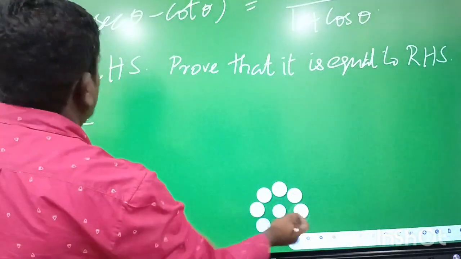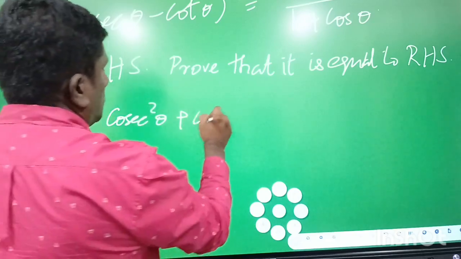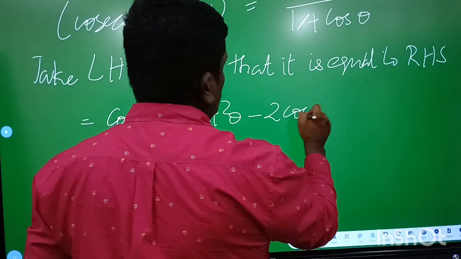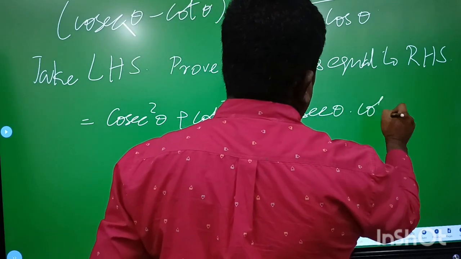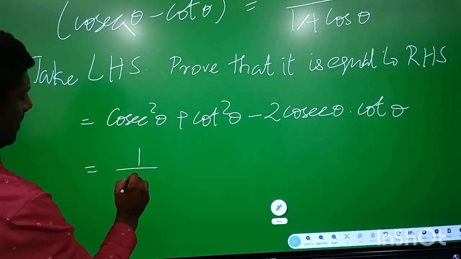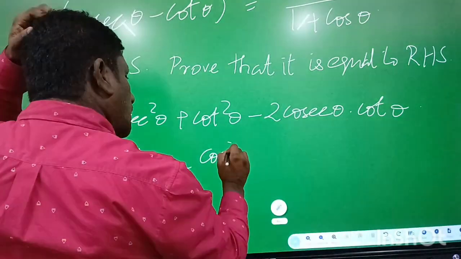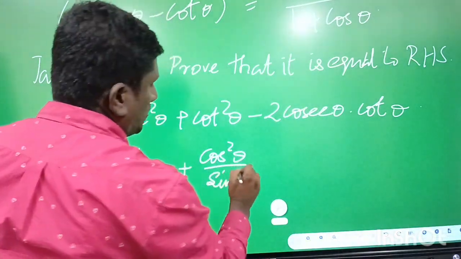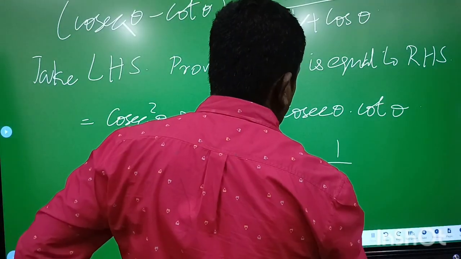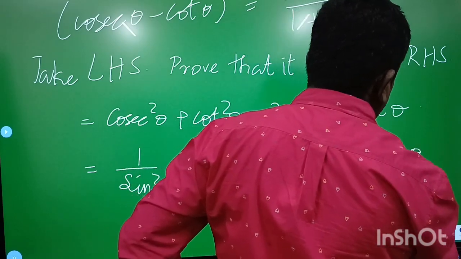Let me expand this: cosecant square theta plus cot square theta minus 2 into cosecant theta into cot theta. Now if I expand this more, I can get 1 by sin square theta plus cos square theta by sin square theta minus 2 into cosecant theta, which is 1 by sin theta, into cot theta, which is cos theta by sin theta.